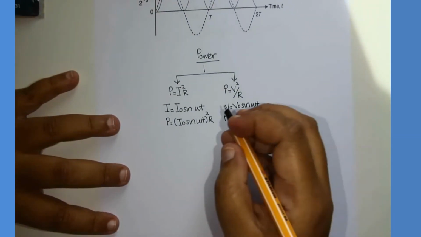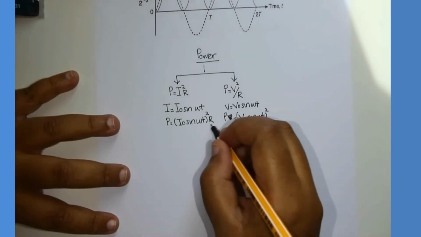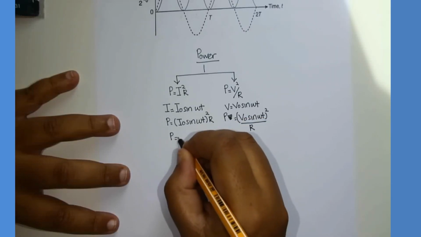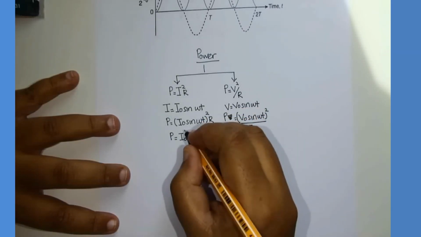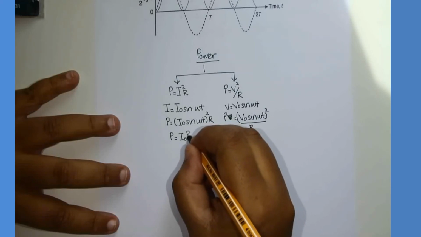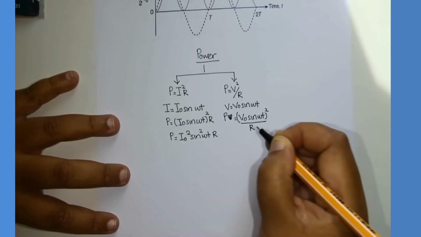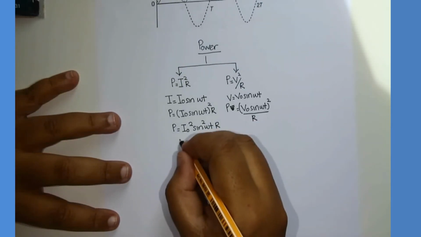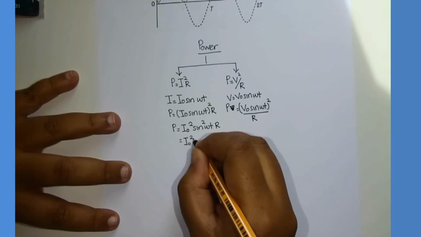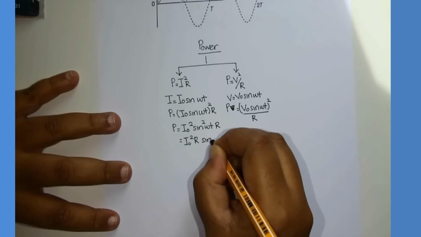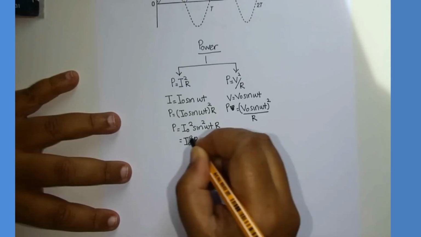If I square this, I get P equals I naught square sine square omega t R. Then I bring it here, I get I naught square R sine square omega t.